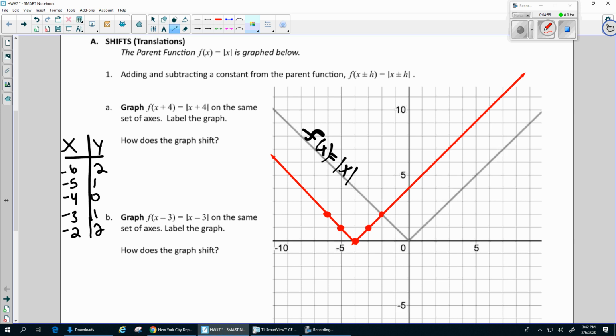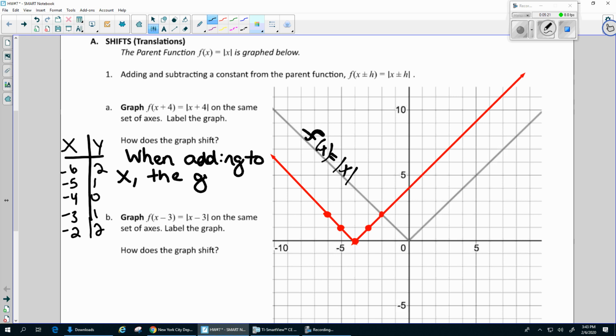So we have to answer the question, how does the graph shift? So if I add 4 to the graph, what happens to my absolute value function in comparison to f of x equals the absolute value of x? So when adding to x, the graph shifts in what direction?